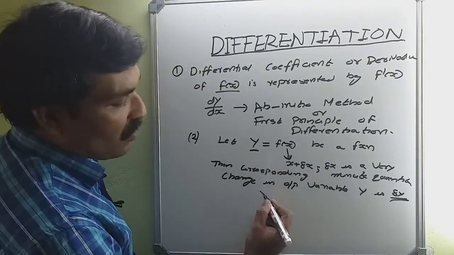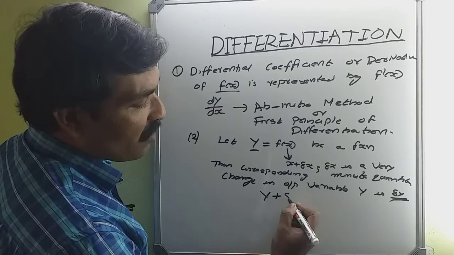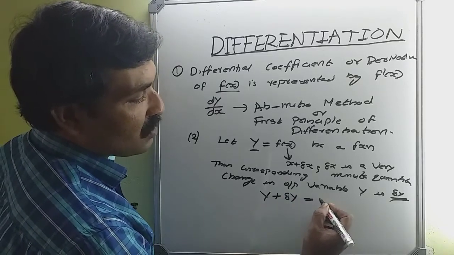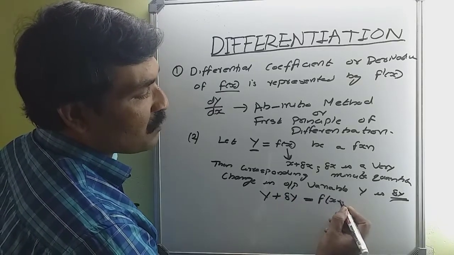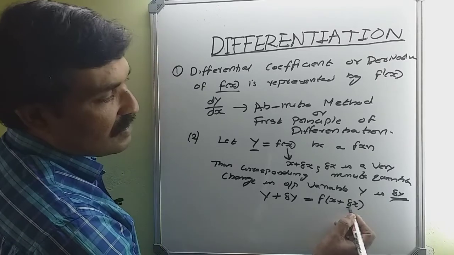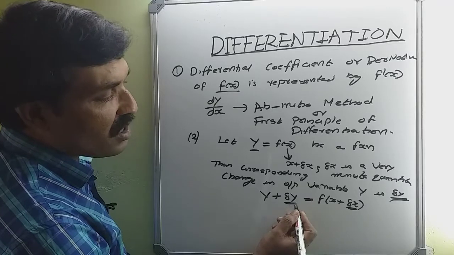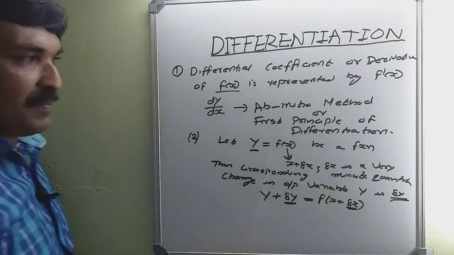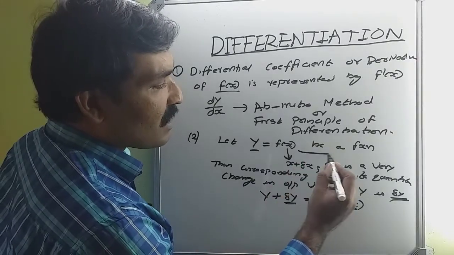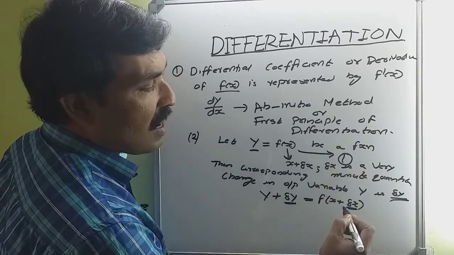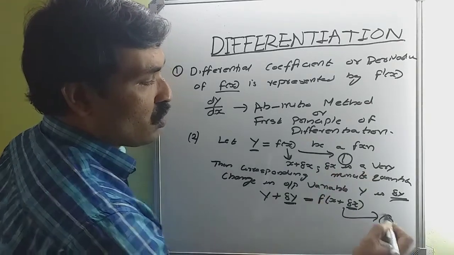So we can write y plus del y is equal to f of x plus del x. This is a change in input variable and the corresponding change in the output variable is del y. Let this be equation number 1 and this be equation number 2.